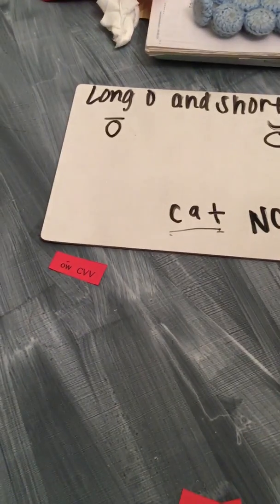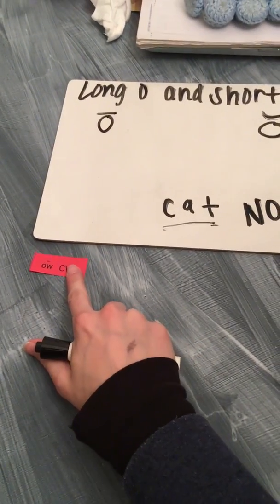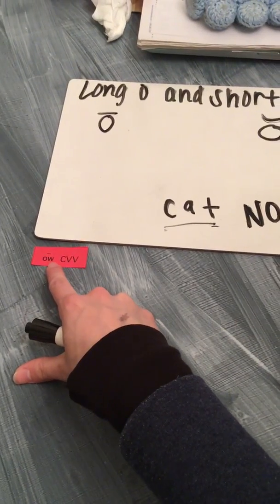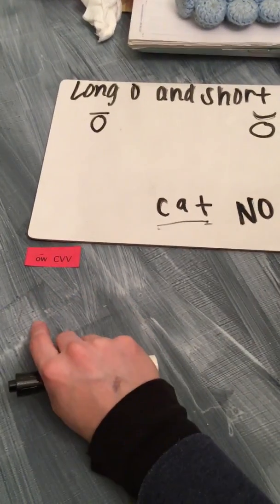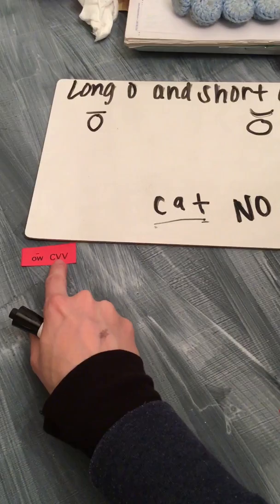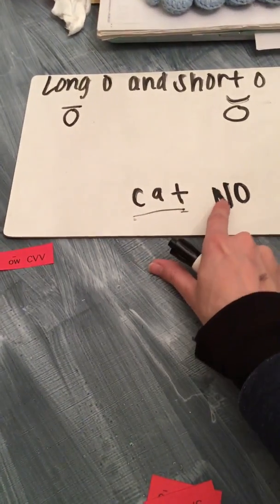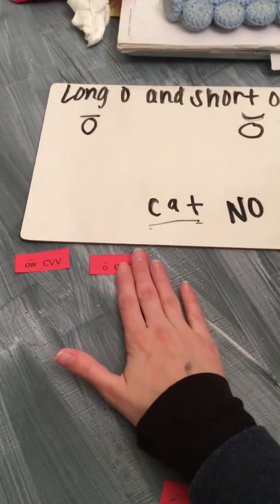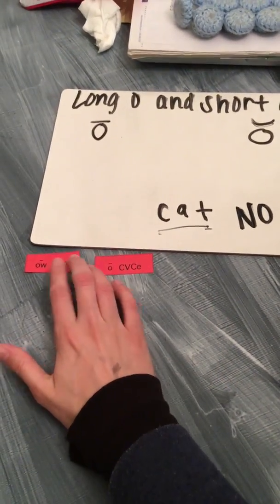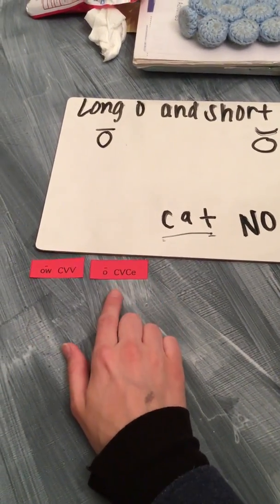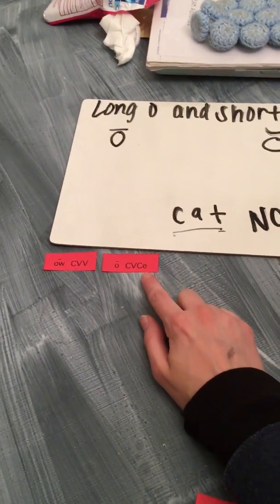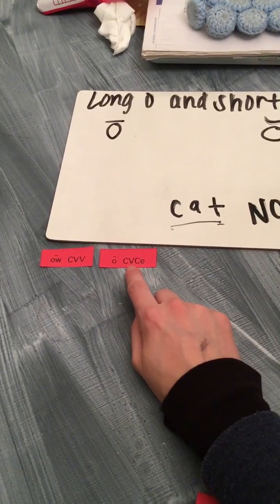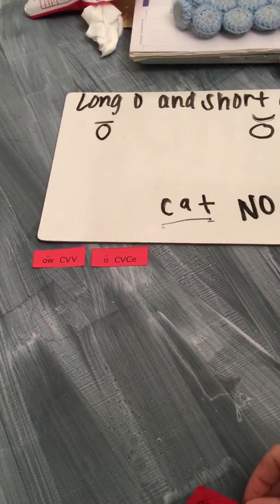So the OW, in this case, you'll see a lot of examples. But it's going to act like a vowel with the O, and so it leaves our pattern consonant, vowel, vowel, and it leaves it an open syllable. Our next pattern is CVCE, which we also have with A, and that's just that the magic E or the silent E makes this vowel say its own name.